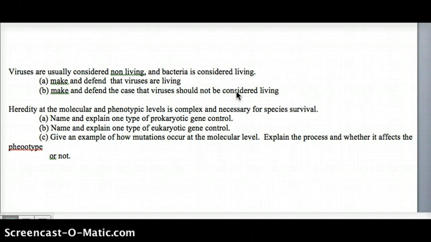So in the case of tryptophan, it's always on unless we have enough tryptophan and then it turns off. So we're controlling the gene by turning it on or off. For eukaryotic gene control, you could talk about acetylation or methylation of DNA. So again, kind of promoting the expression of a gene to be on or off.